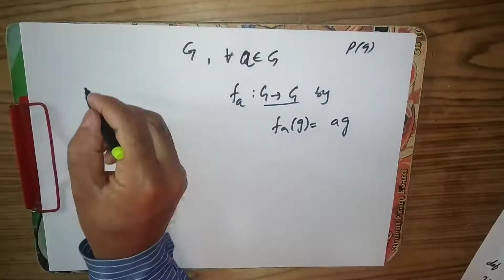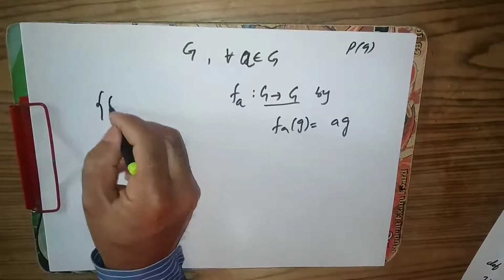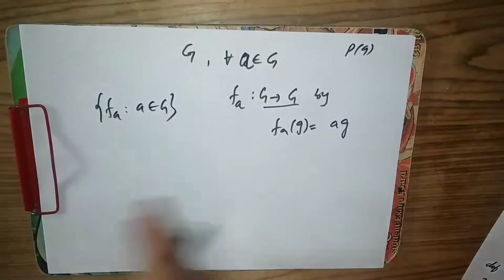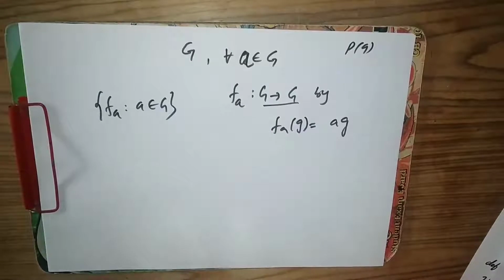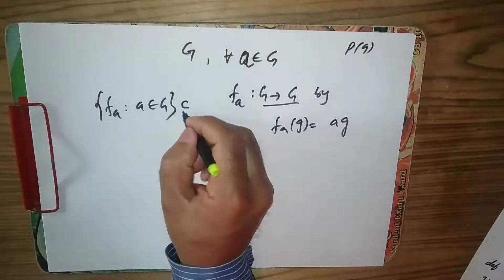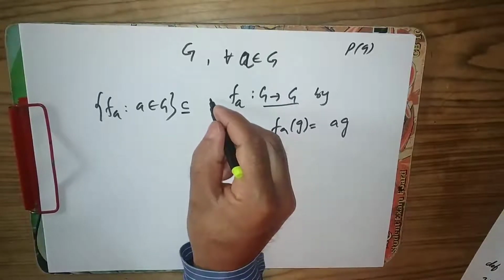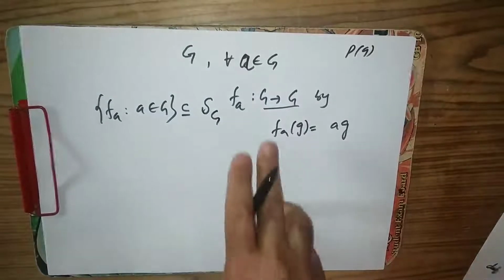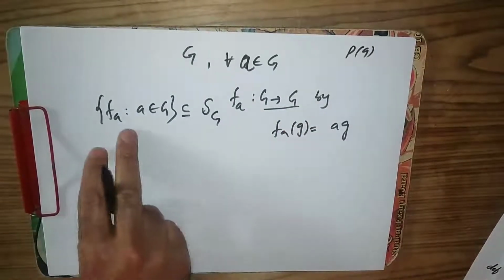And this set {f_a : a belongs to G} is a subgroup of the set of all permutations on G. Let us denote the set of all permutations by S_G, so S_G is the set of all permutations, one-one onto maps, on G. And this f_a is one-one onto also.